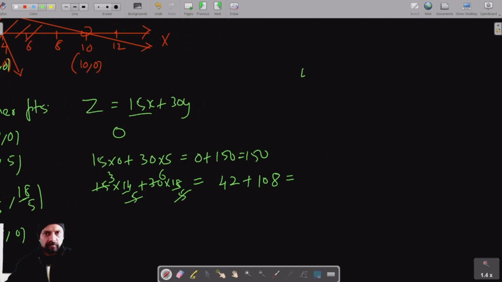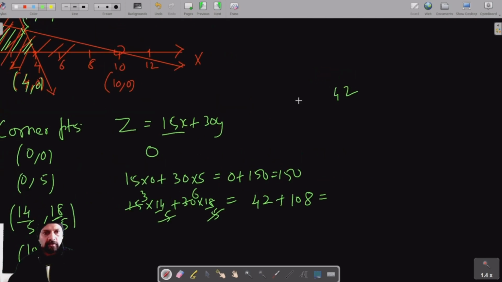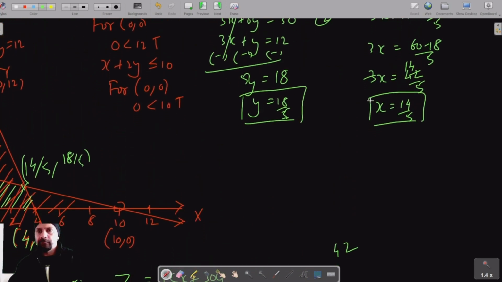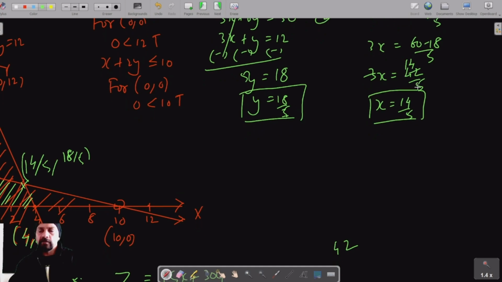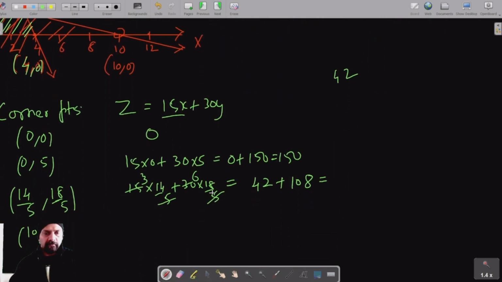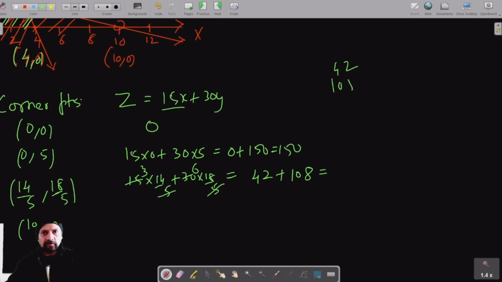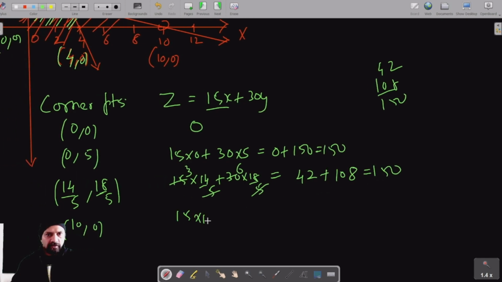So our function is 15 into 14 by 5 plus 30 into 18 by 5: 42 plus 108, so this is 150. And for 10 comma 0, it's 15 into 10 plus 30 into 0, which is equal to 150.